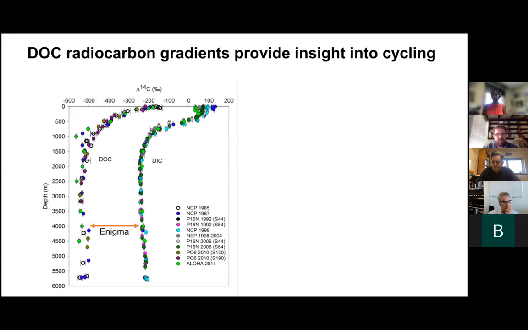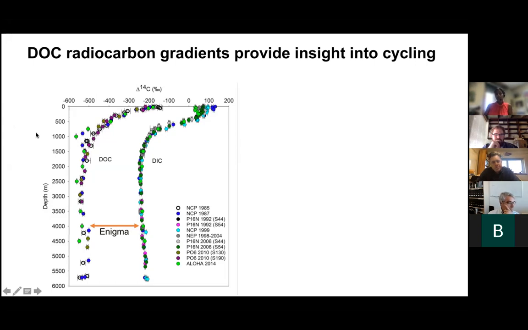So here we're looking at radiocarbon values of about -250 per mil, which translates to about 1,800 to 2,500 years, depending on what we think of as the reservoir age.